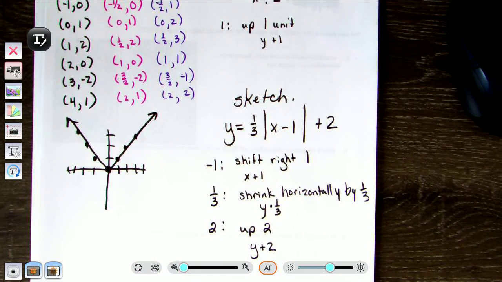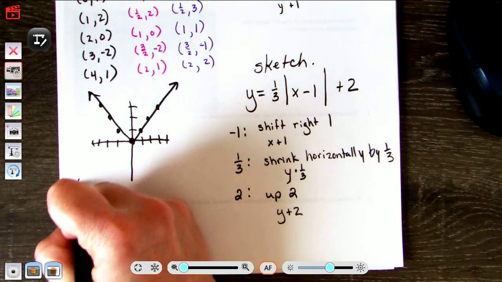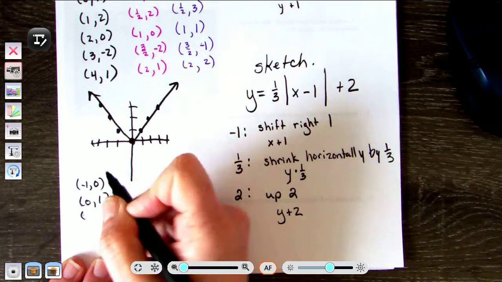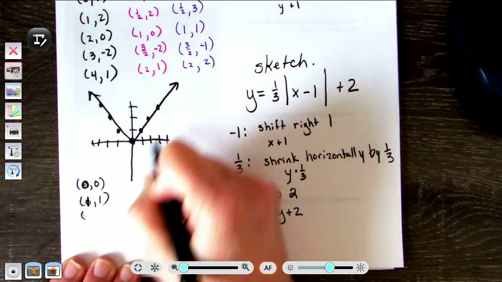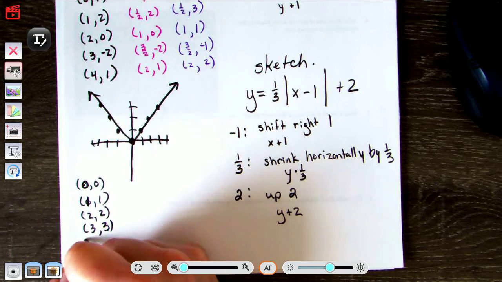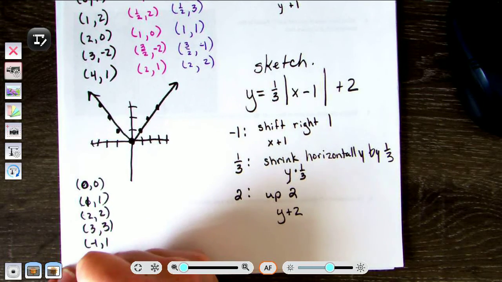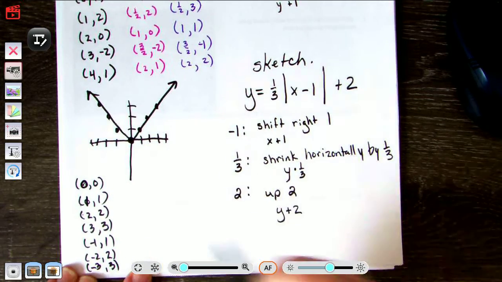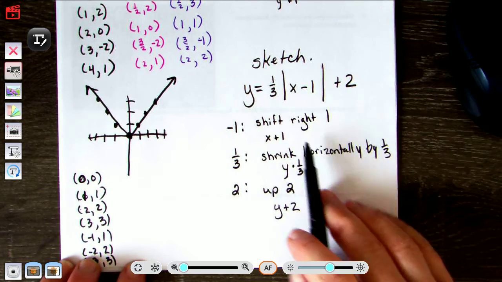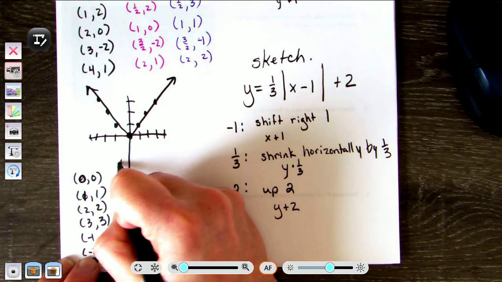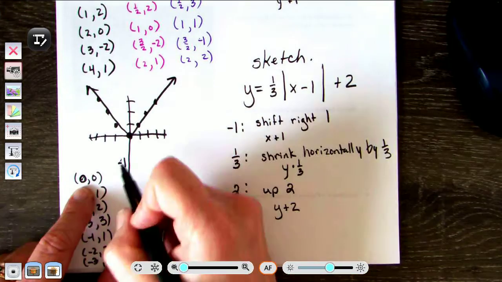So again, we have 3 things we're going to be doing. So I'm going to start with our original points: (0, 0), (1, 1), (2, 2), (3, 3), our (-1, 1), (-2, 2), and we'll throw in (-3, 3). So we've got quite a few points. First thing I'm going to do is shift it to the right. So we're going to take care of that minus 1 by adding 1 to our x's.